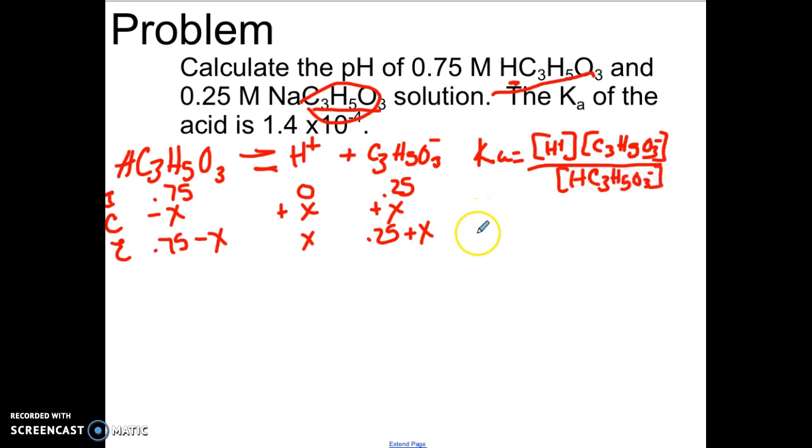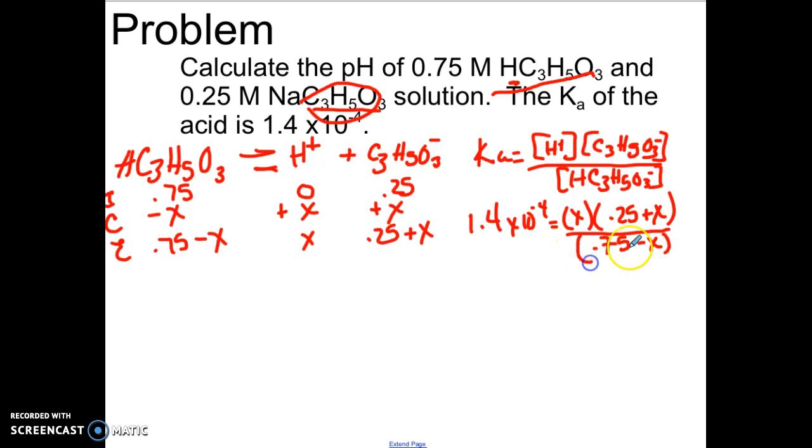We substitute in what we know: 1.4 times 10 to the negative 4 is equal to X times 0.25 plus X, over 0.75 minus X.